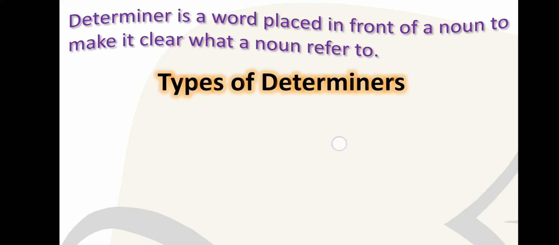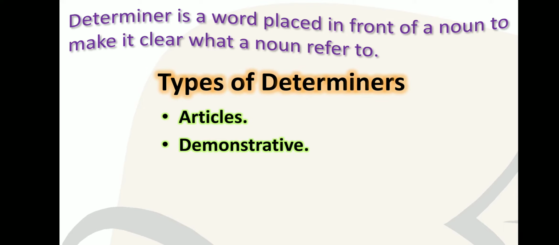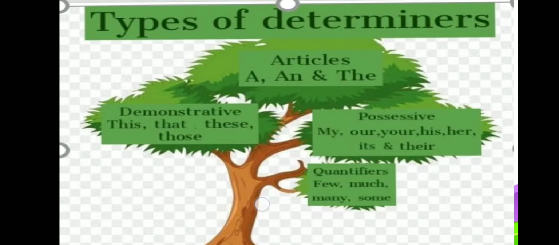Now, the types of determiners. Students, determiners are of 4 types. Number 1, articles. Number 2, demonstratives. Number 3, possessives. And number 4, quantifiers. So, now this is the tree of determiners. The first determiner is articles.